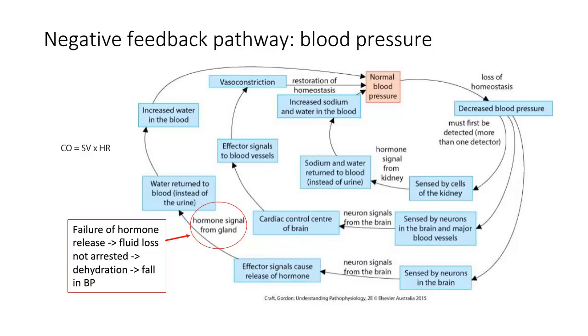So now we're looking at a flowchart that is about blood pressure homeostasis. So this is about maintaining the cardiac output. And if you remember from your previous studies, cardiac output is equal to stroke volume times heart rate.